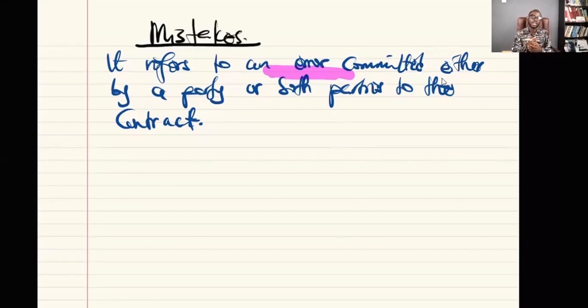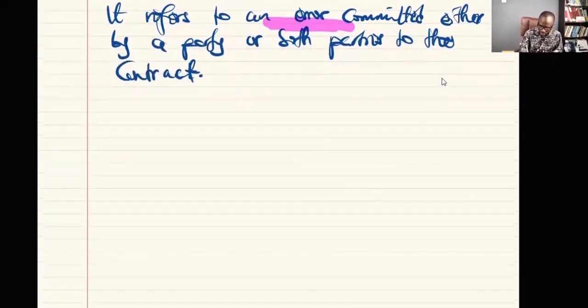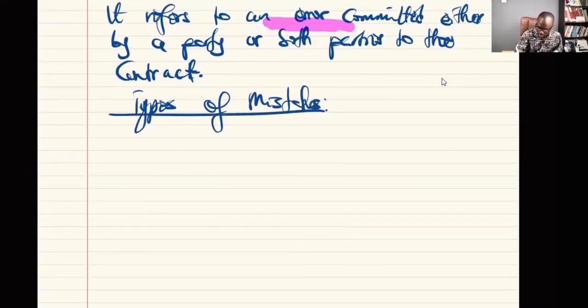But mistakes can also be put in certain types. We have what is called the common mistake, the mutual mistake, and the unilateral mistake. So let's look at the types of mistakes that can be made. Number one is common mistake.